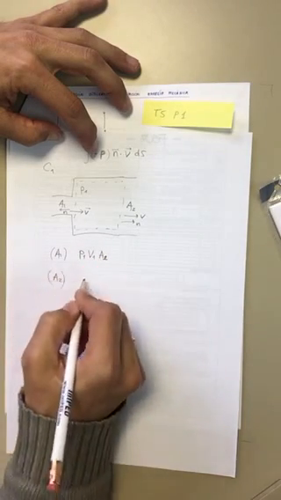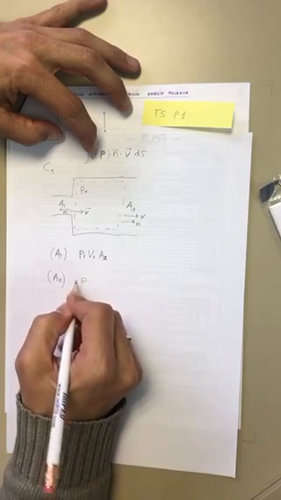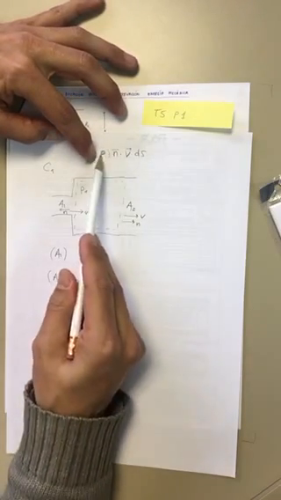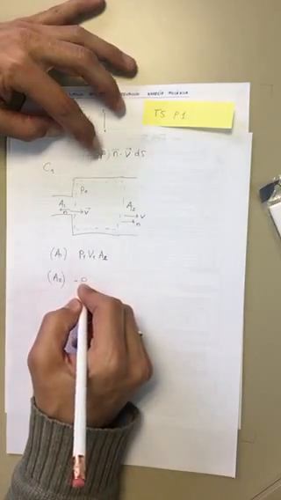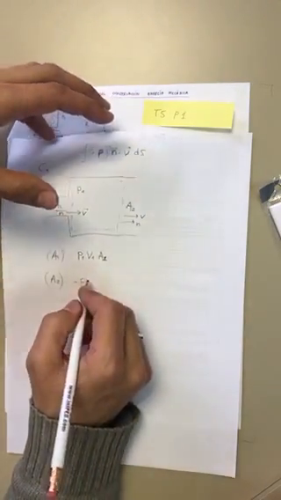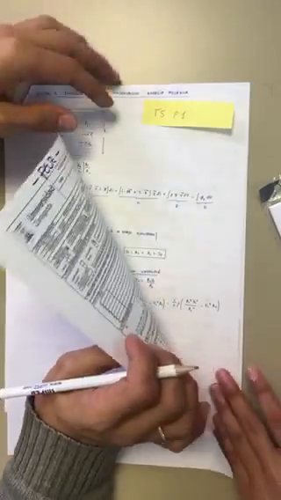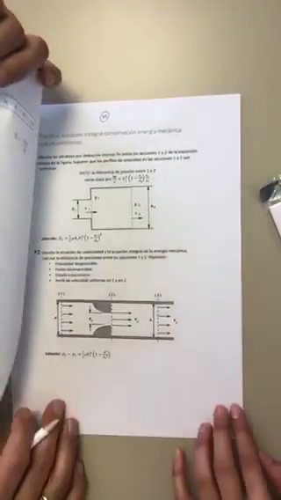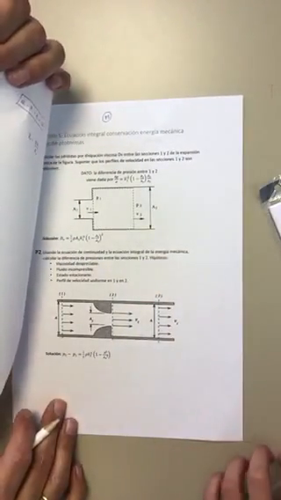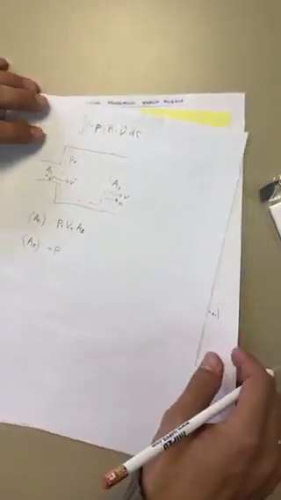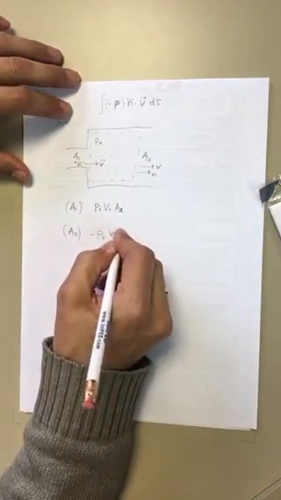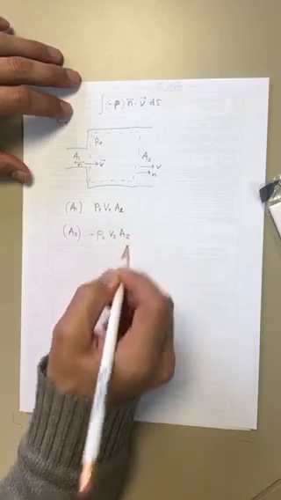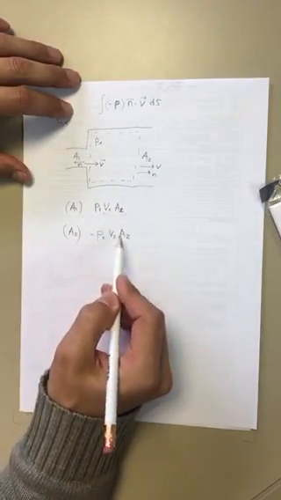Let's see whether this makes sense. Then you have this minus sign. Is P2 atmospheric? No, it's not atmospheric pressure. You have some P2. So this is what you have here, minus P2 times V2 A2, but actually this is the volumetric flow.